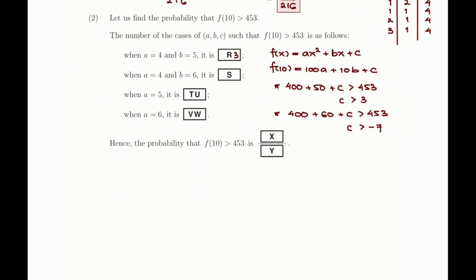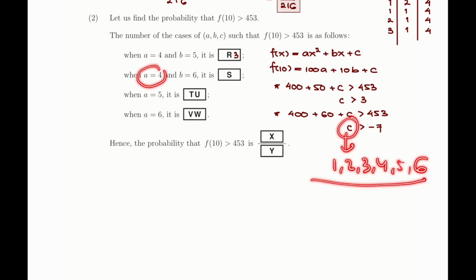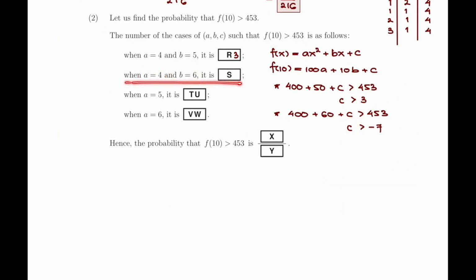That means c can be 1, 2, 3, 4, 5, or 6. No matter what value of c you obtain, if a equals 4 and b equals 6, then f of 10 must be greater than 453. So for this second case, there are 6 cases of abc such that f of 10 is greater than 453.